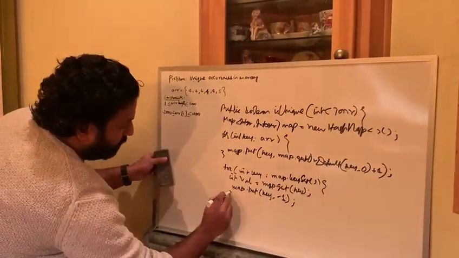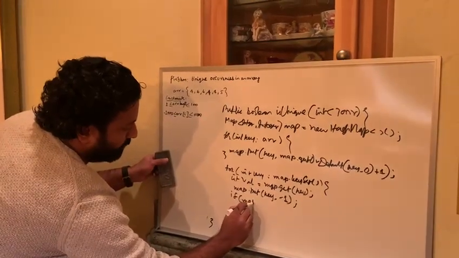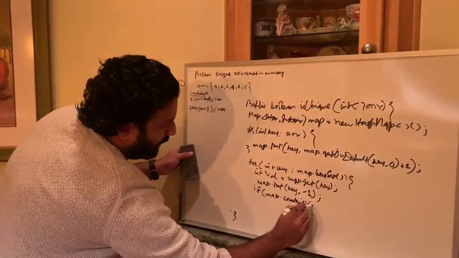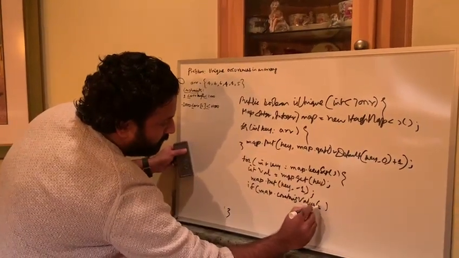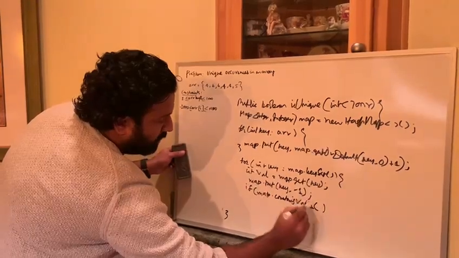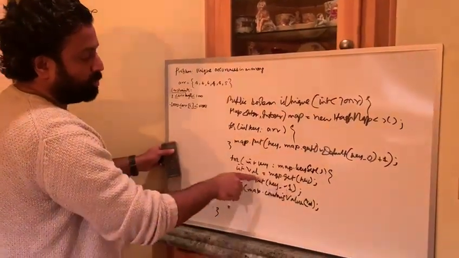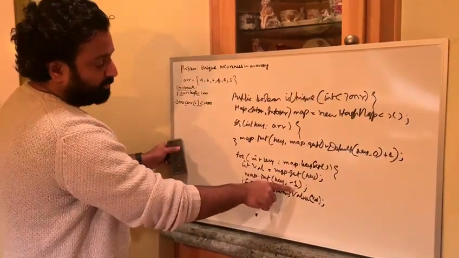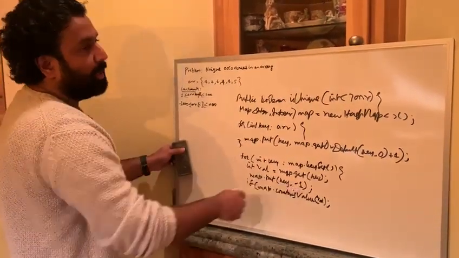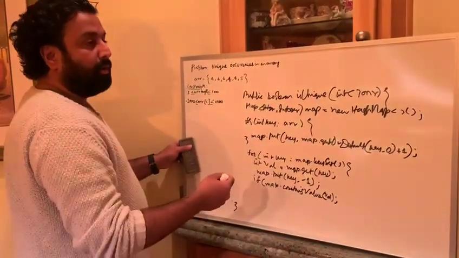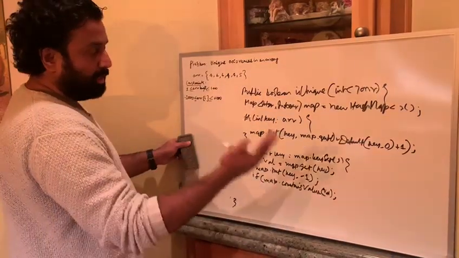Then we check if map.containsValue of the val. So after marking -1 as the value for the key, we are checking if there are any more occurrences in the dictionary.